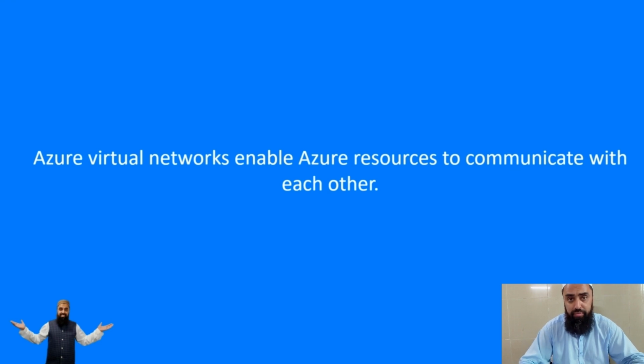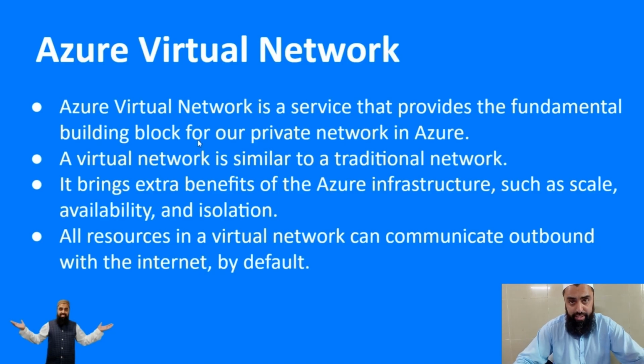So that is why networking is required in Azure as well, so that our virtual machines can talk to each other via a private network, and we can also use them for global traffic or global internet communication as well.